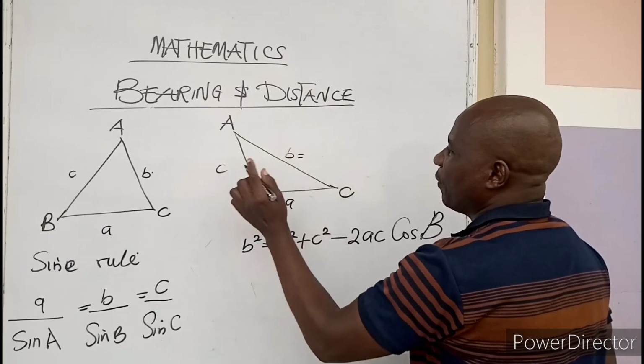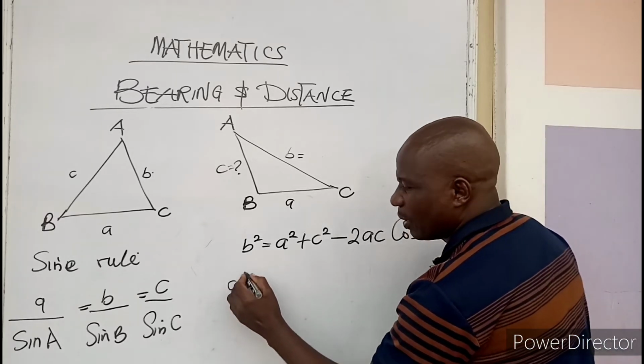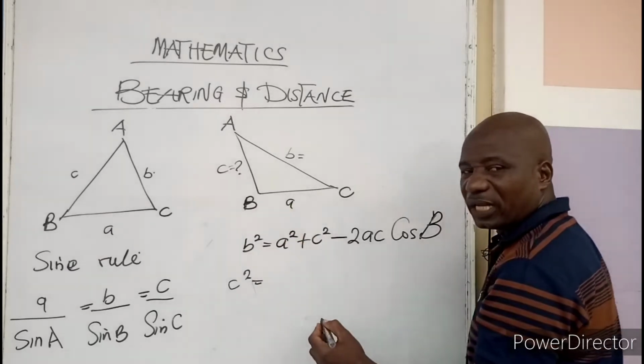Now, if you are looking for side c, you write the side that you are looking for first, equal to the sum of the squares of the two other sides.